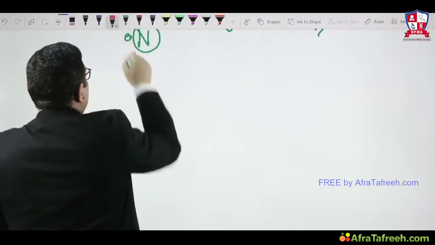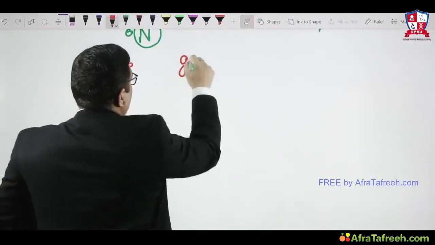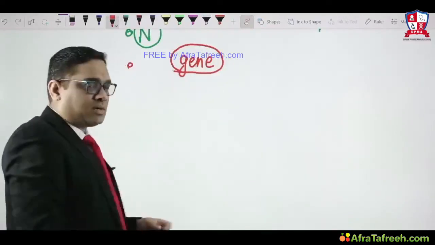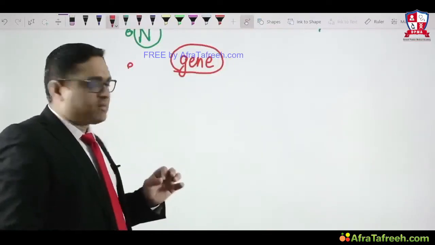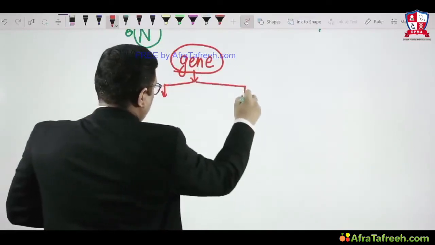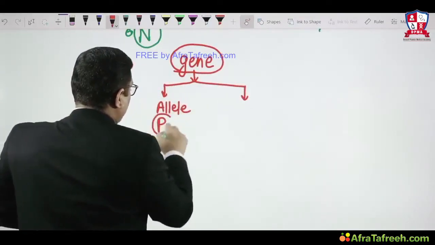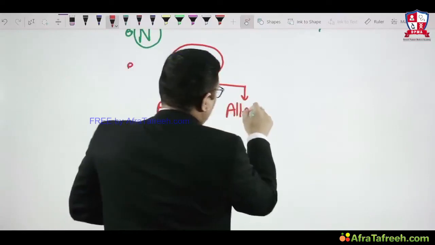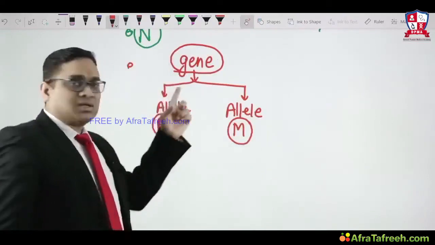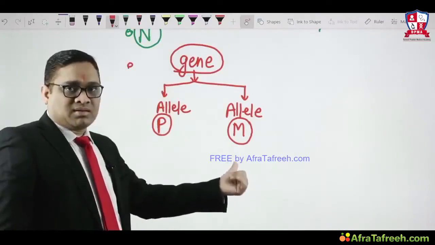To understand this, we have to understand that every gene we inherit from our parents has two alleles, one allele from the father, the paternal side, and one allele from the mother, the maternal side, right?